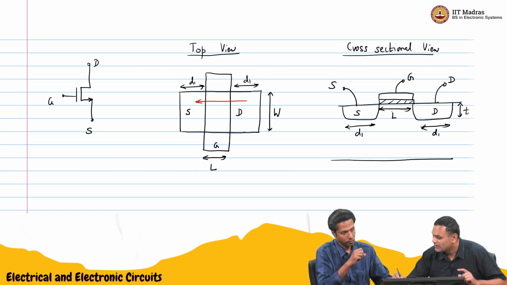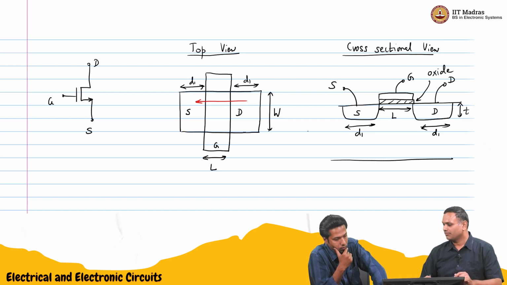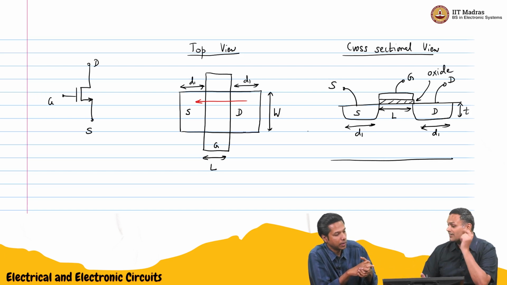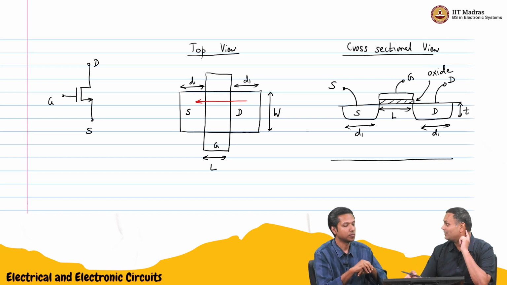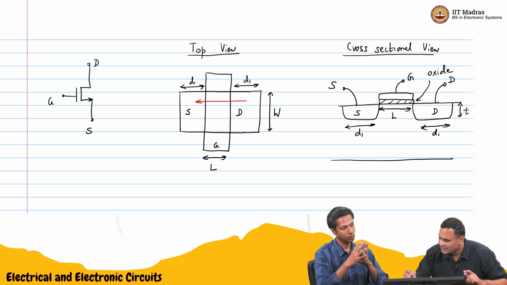You have this oxide insulator here. This is your insulator, which is why your gate current is 0. The capacitance of that will be Cox, which depends on the area of the gate. The area of the gate is this on the device.